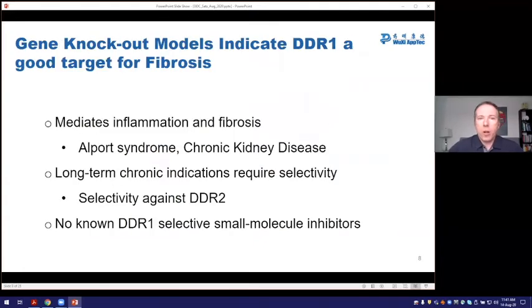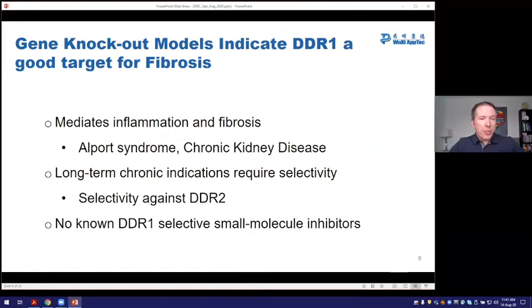Okay, so why DDR1? Well, gene knockout models suggested that DDR1 would be a good target for fibrosis. So for instance, indications such as CKD. Now, the indications that the target team or the project team wanted to go after were long-term.